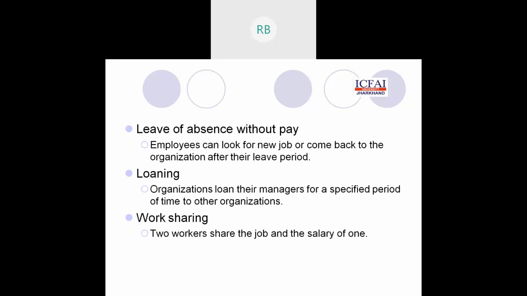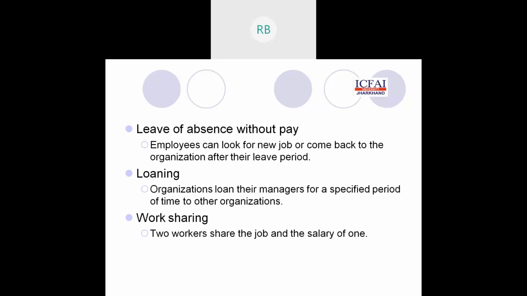Then work sharing, this is another concept by which loyal and dedicated workers can be retained in the company even during the slack period. This is more suitable for employees at the operative level and lower levels of management. Two workers share the job and salary of one.